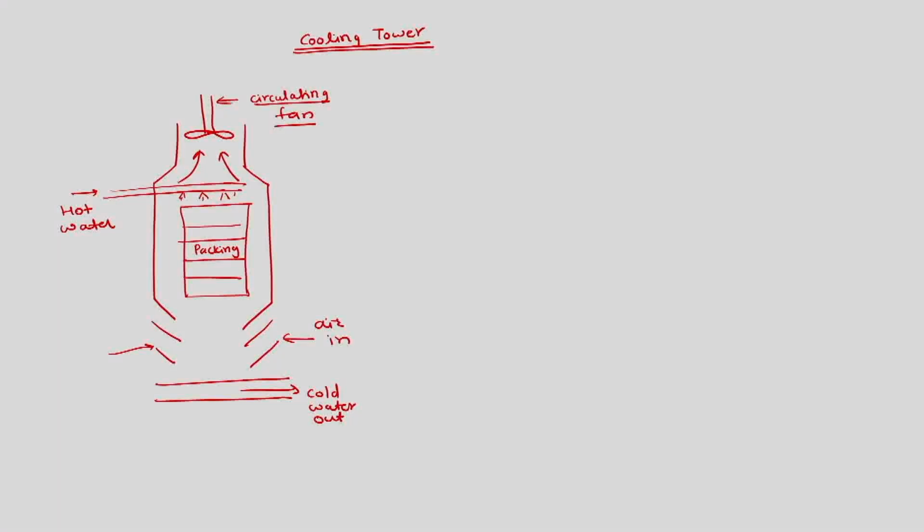That water which is getting condensed in the condenser has its heat transferred to this cold water, and this cold water in this process will become hot. So the same water which is used in the condenser to extract the heat from the steam is now hot. After extraction of heat, this water should again be passed to the condenser. So for that it is cooled in the cooling tower with the atmospheric air.